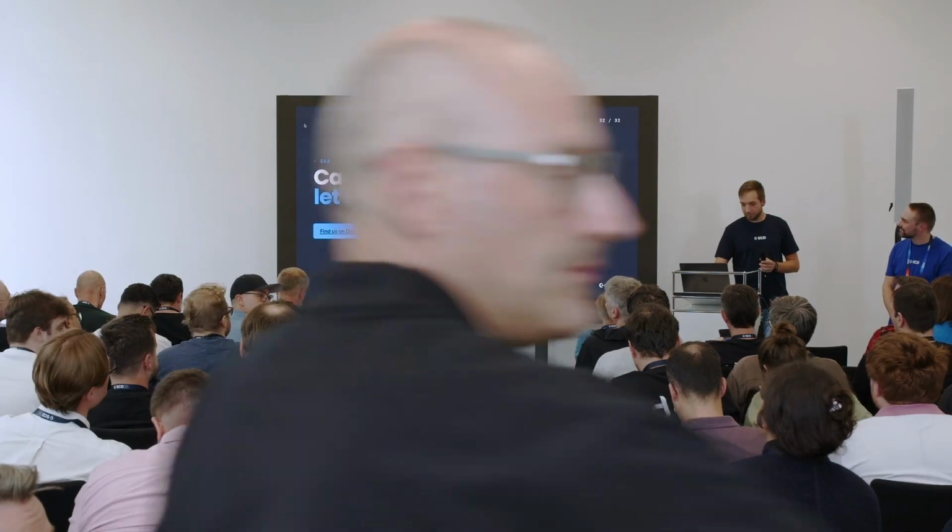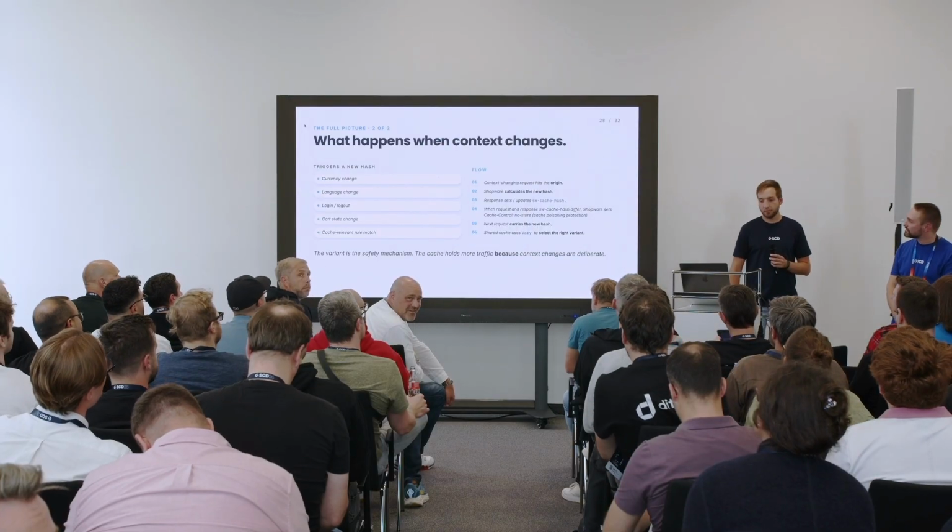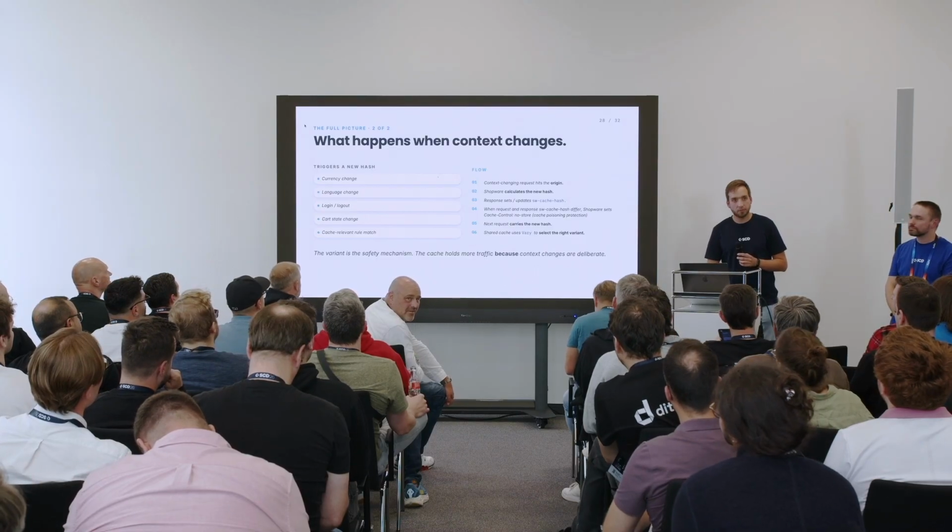You said that language change will not trigger a cache hash, right? It will trigger a cache hash recalculation. It should not, because each language has its own URL. When you just switch the language, you should not calculate the hash, because then you have an anonymous hit and a changed hit with cookie and without cookie.